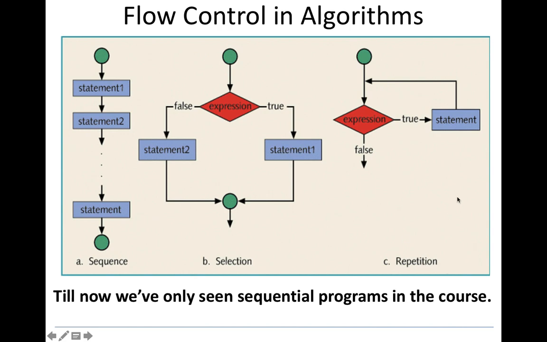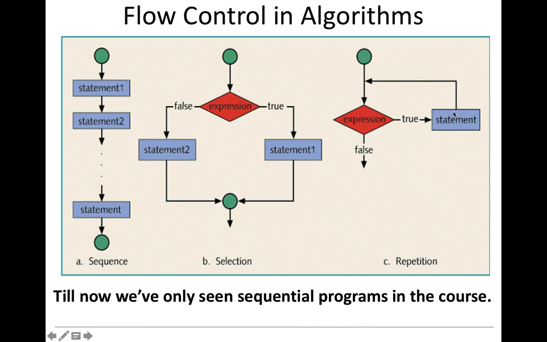The repetition structure is like the if. If it's true, it will do this statement, but not only once. While the expression is true, I will repeat and repeat until this condition becomes false. When it becomes false, I will exit. So the repetition structure is the same as the if, but instead of executing once and going out, it executes and repeats.